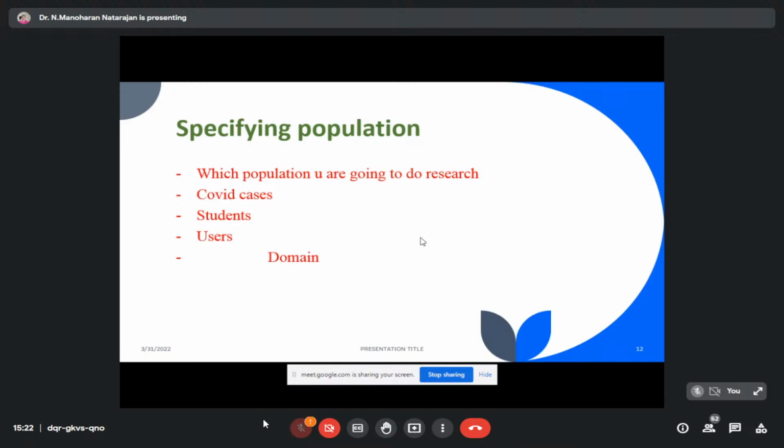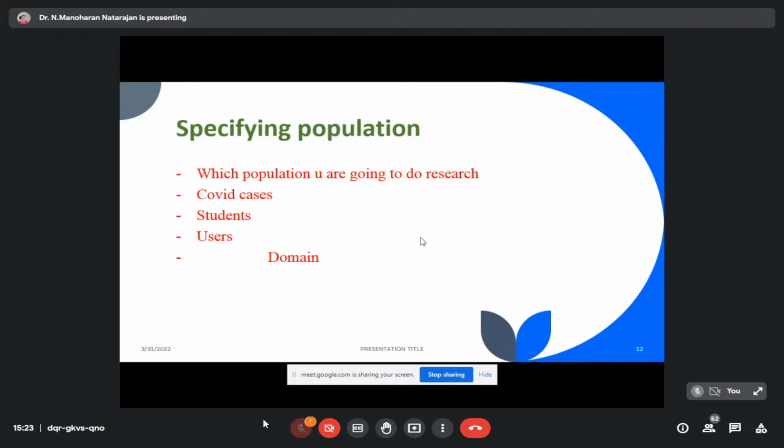That students' data is called a domain. And end users: when we are going for customer relationship research, where we have to find the end users' satisfaction level, for that kind of research we have to go for the data or population of users.